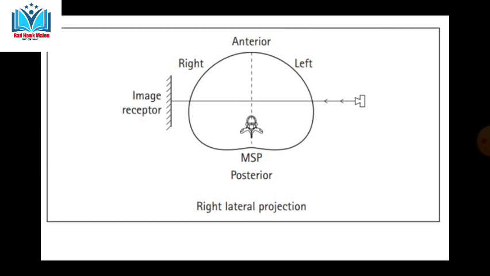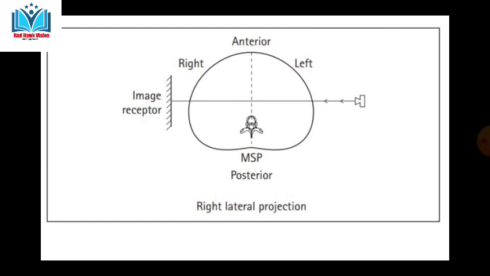You can see it. The central ray can pass from the left side or from the right side. It depends on the lateral position of the patient. It can be a left lateral or a right lateral.